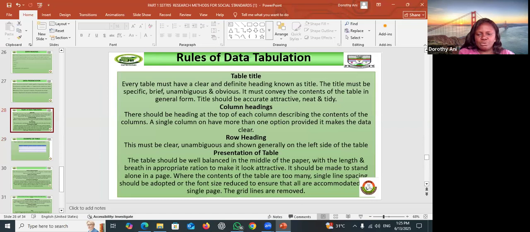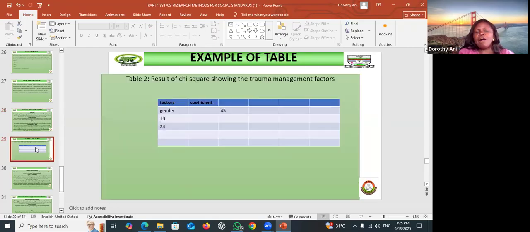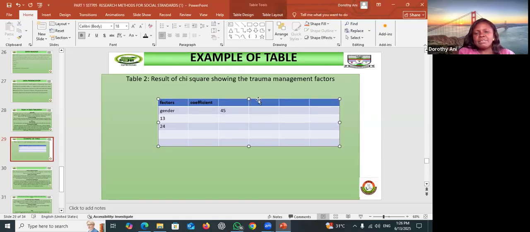And then the presentation of the table itself. The table should be well balanced in the middle of the paper. You know, if a table is supposed to take one full page, that's the PG guideline here, that a table stands on a separate page. So if you have a table that is small, it's not good for you to just come and drag and keep the table somewhere at the edge.